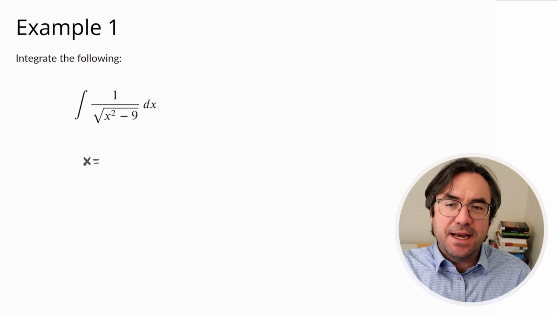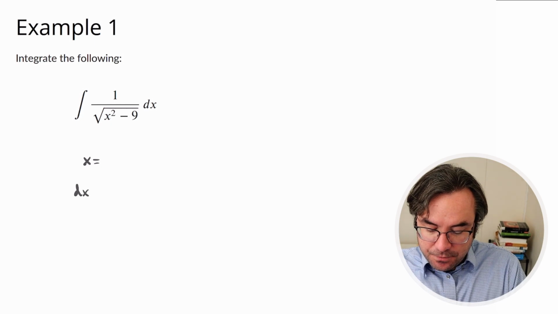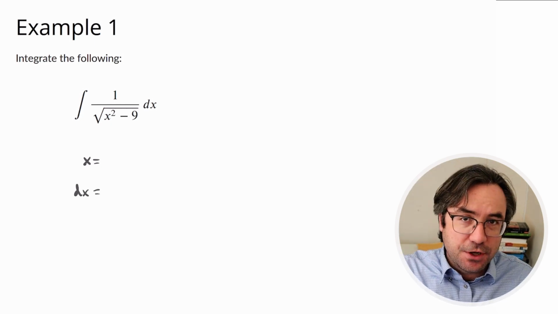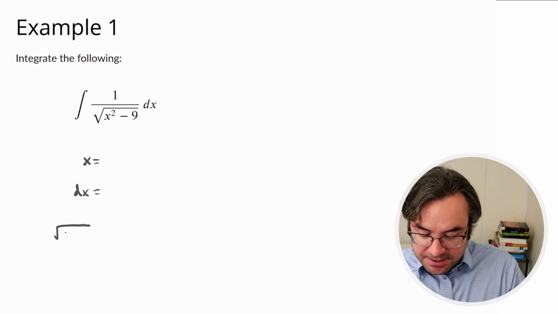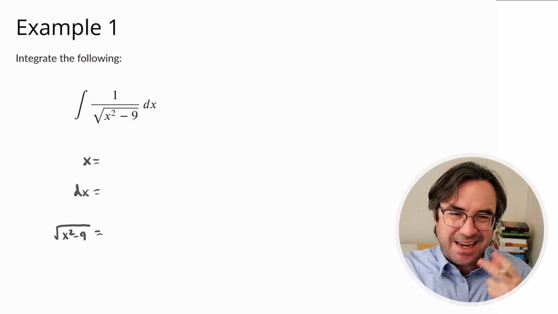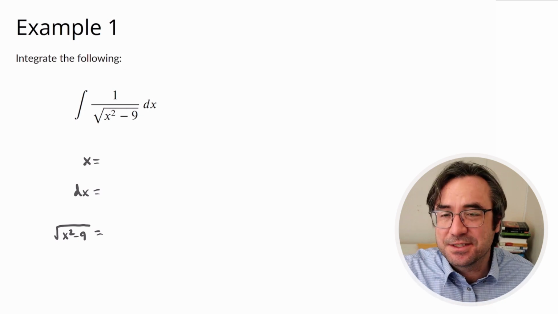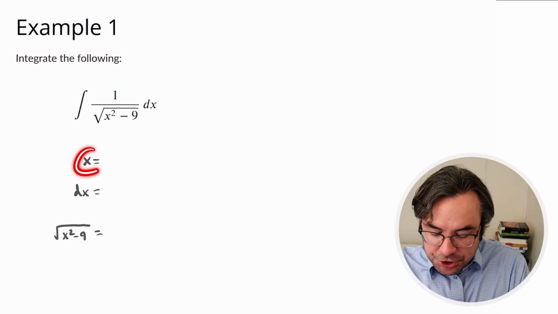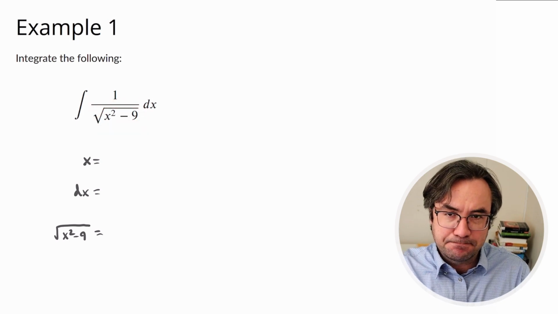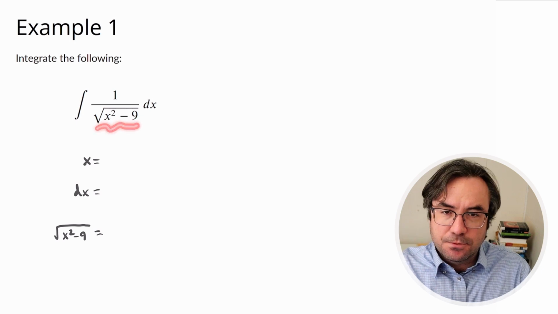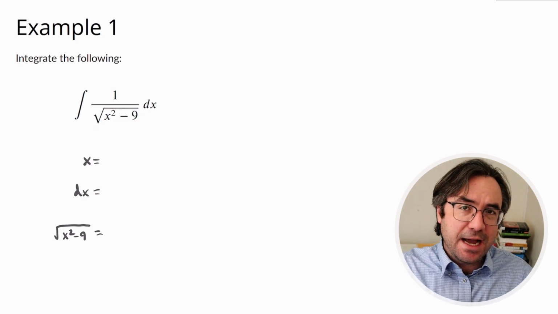And then once we decide on x, we want to calculate how our differential is going to change. So we want to calculate dx. And then we want to see how that square root term is going to change. So we want to really calculate these three things. And how we choose x is based on the square root term that we see. All right, so we have x squared minus a constant.